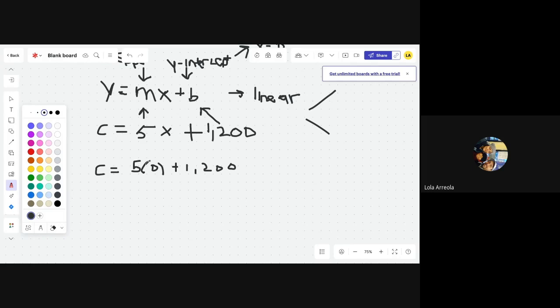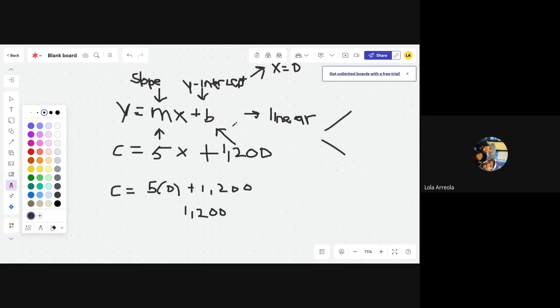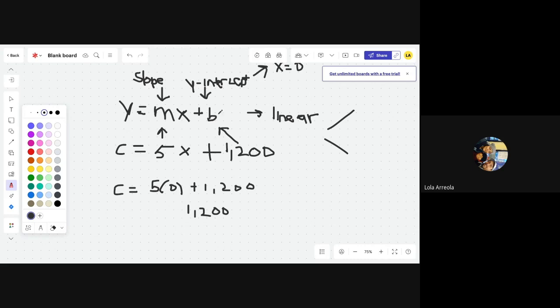I would get 5 times 0 is 0, plus 1,200. So when x is equal to 0, I just get 1,200. This is why my b term is my y-intercept, because it's when x equals 0. If I plug in 0 for x in this equation, I would just be left with my b term.